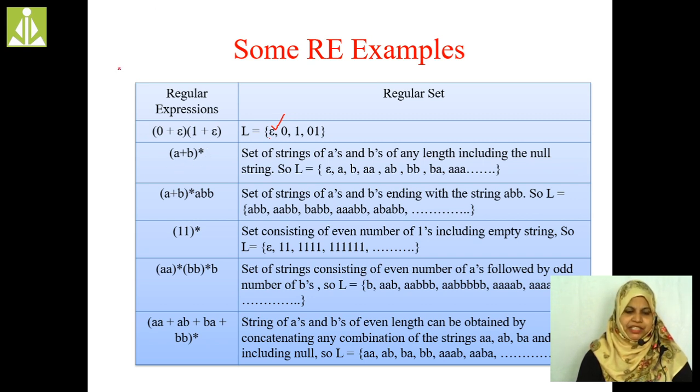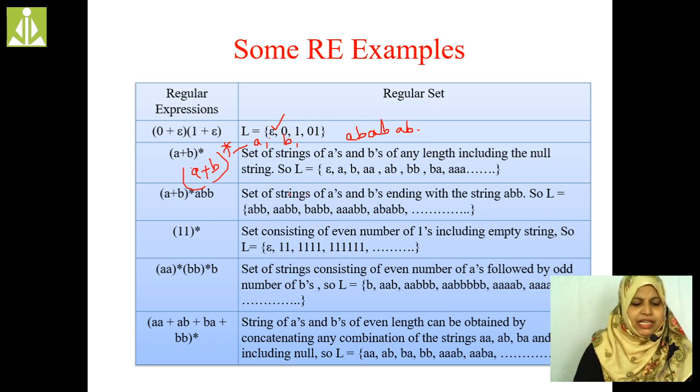Dot means concatenation. A plus B whole star means either it consists of A's or it consists of B's or it consists of combinations of A's and B's, right? All those things come under that particular language.